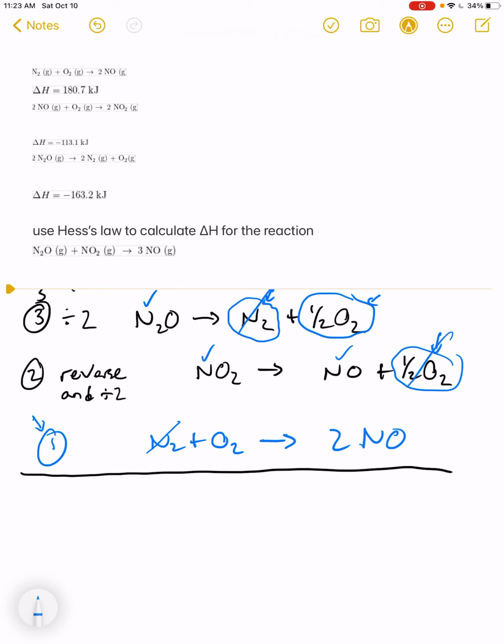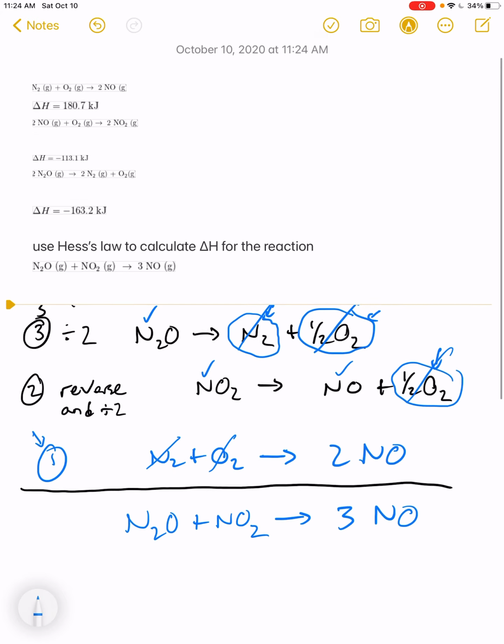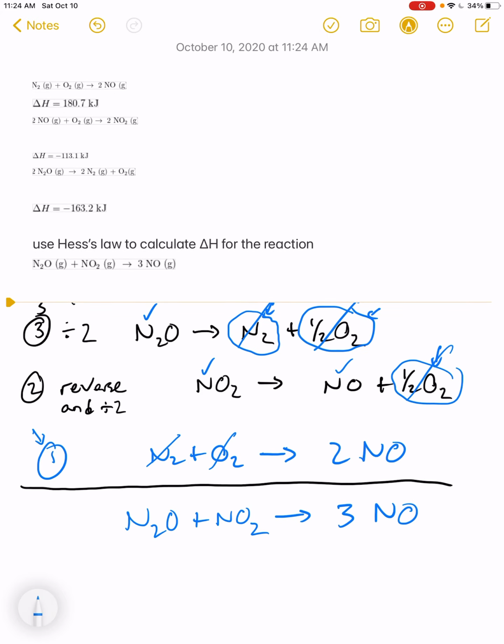I have a half O2 and another half O2 that I can cancel with the O2. And look, I have what I want on my product side now. NO plus 2NO gives me 3NO, or nitrogen monoxide. And on the reactant side, I have my N2O plus my NO2. Okay? So now it looks like I've been able to manipulate those three reactions in a way that will add together to give the reaction that I wanted.